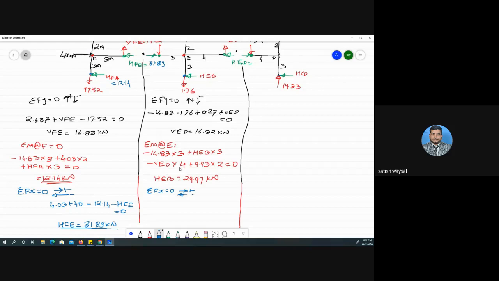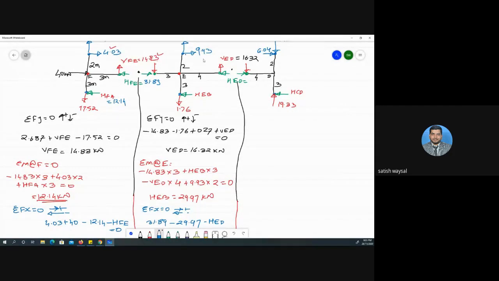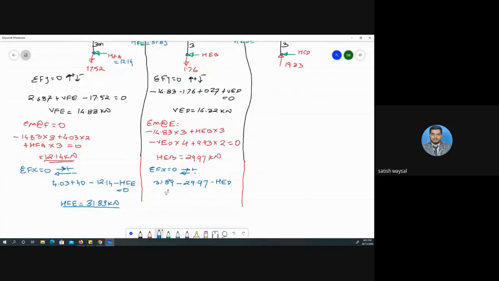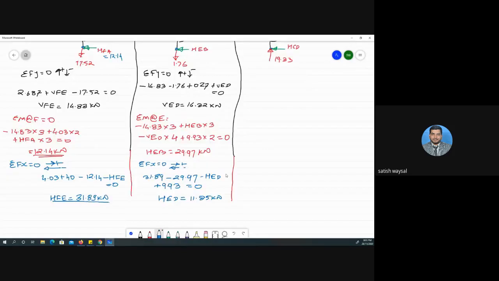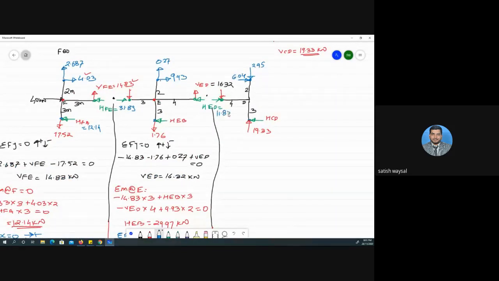The force which is 31.89 over here, this is minus HEB, minus 29.97, minus HED that we have to determine, and again plus 9.93 in this force, plus 9.93 is equal to 0, and then this HED is equal to 11.85 kilonewton. Okay, so HED is 11.85 kilonewton.